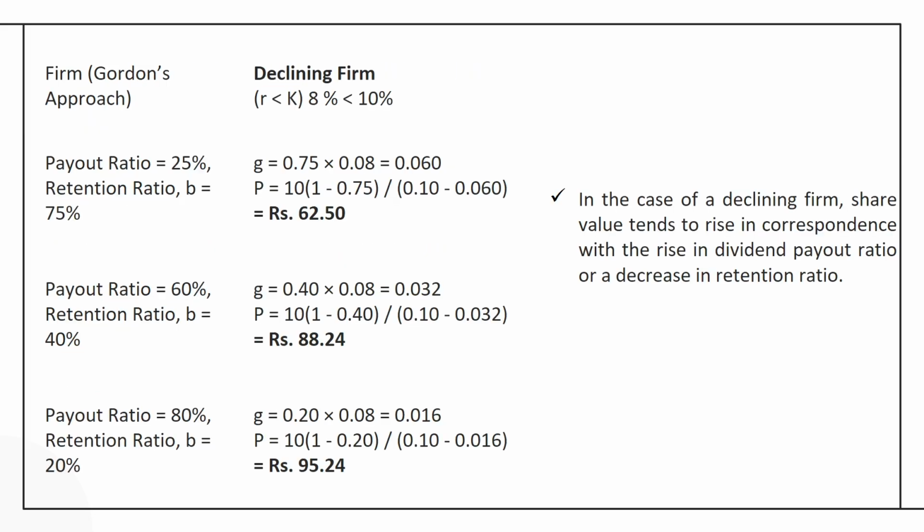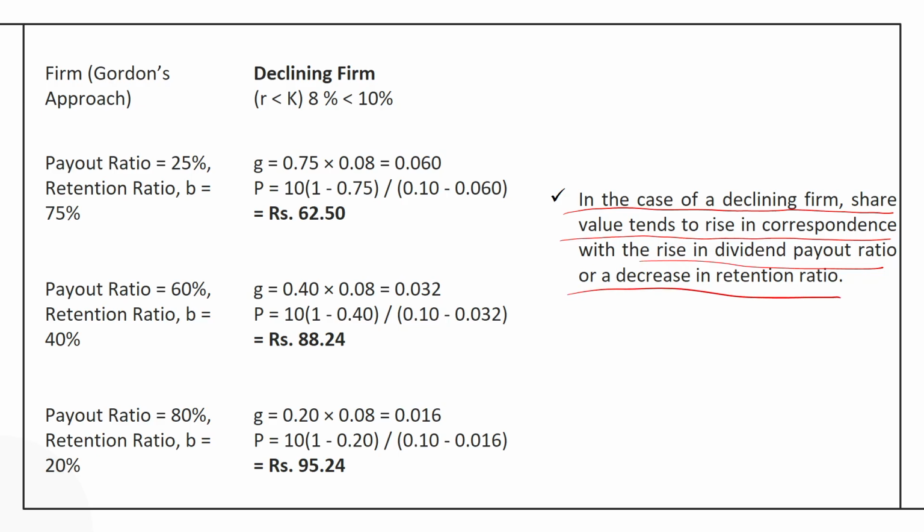Let us have a look at the summary of the declining firm and its value in 3 different scenarios. We can conclude that if the firm is a declining firm, having a growth rate lower than the cost of capital, the share value tends to rise with the rise in dividend payout ratio or a decrease in the retention ratio.